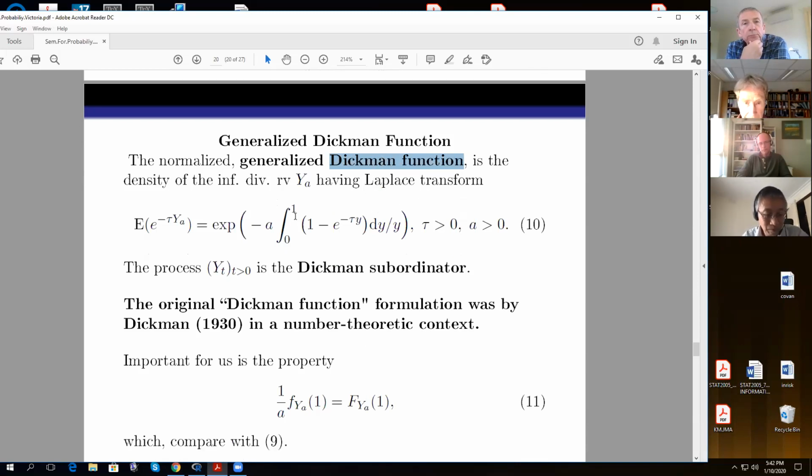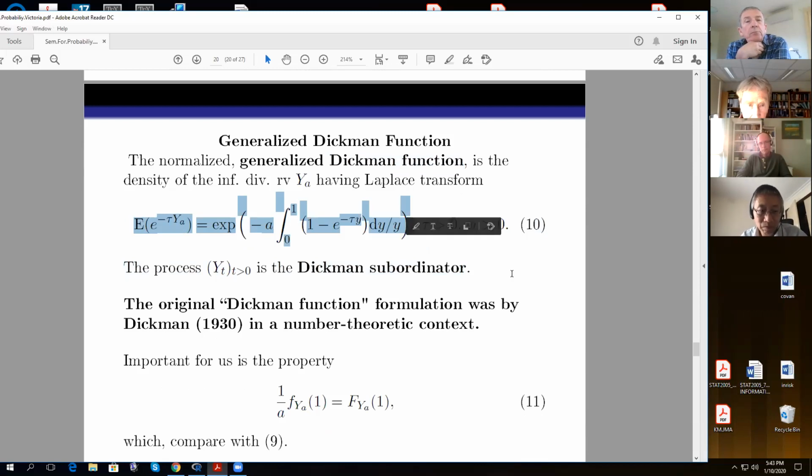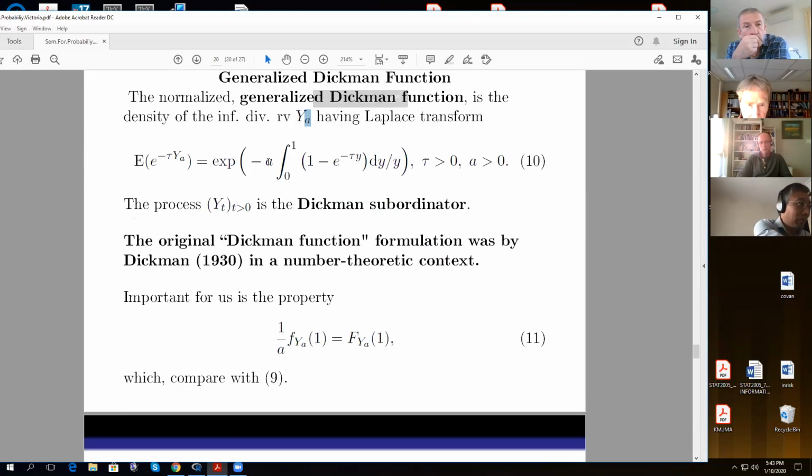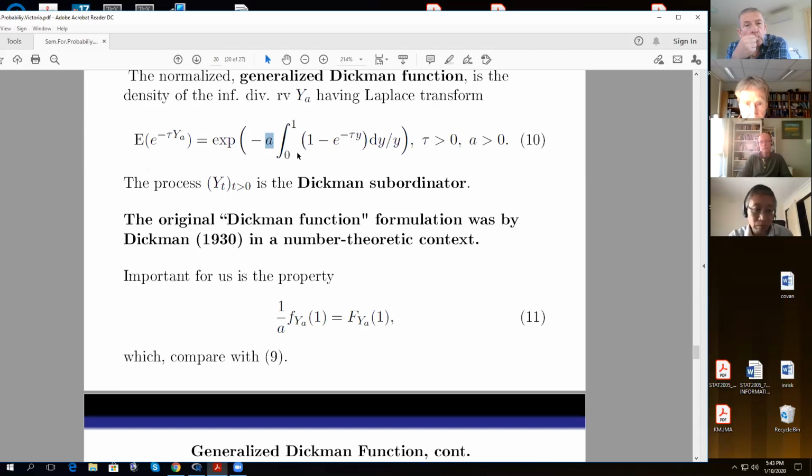But apart from that, the Dickman function has this subordinator. We can make a subordinator by introducing a parameter A, which you see is the time parameter of the subordinator, and it has the Levy-Khinchin representation of this form here.